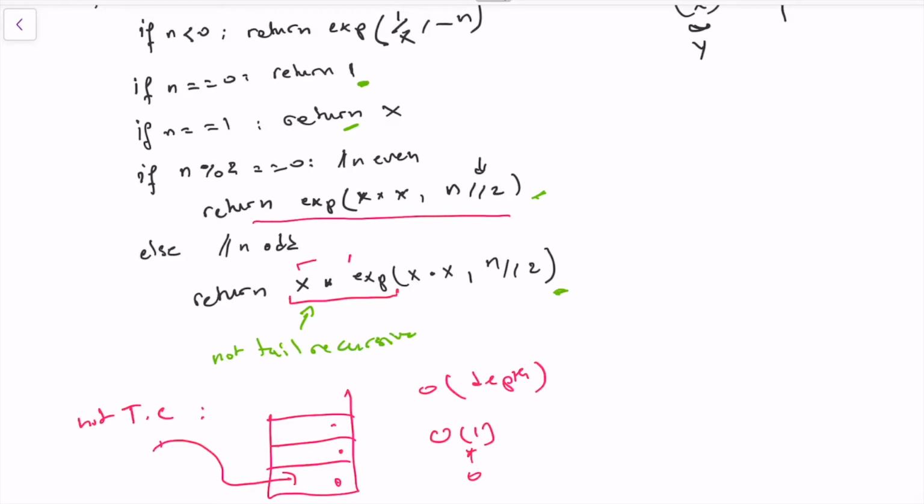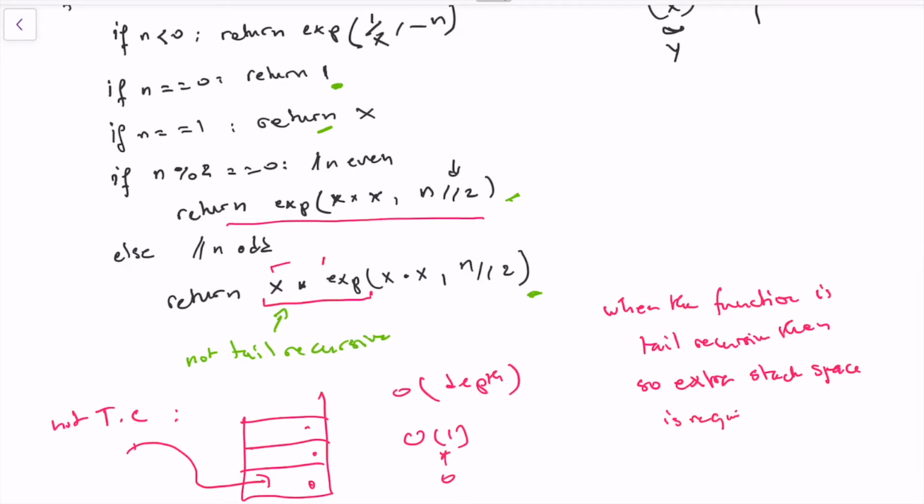When the function is tail recursive, no extra stack space would be required, and so that's pretty good, right? So it improves the space complexity.